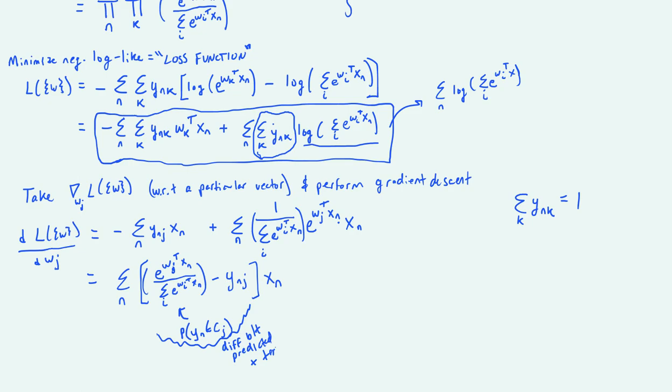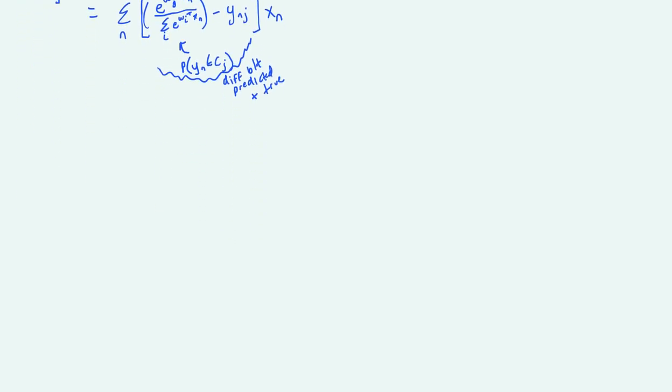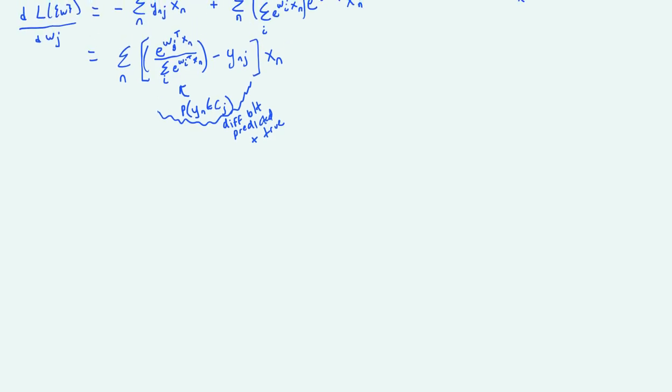And so what this gradient is going to do is choose the points that are off the most, the points for which your prediction is farthest from the truth, and those points xn will contribute the most to the gradient.